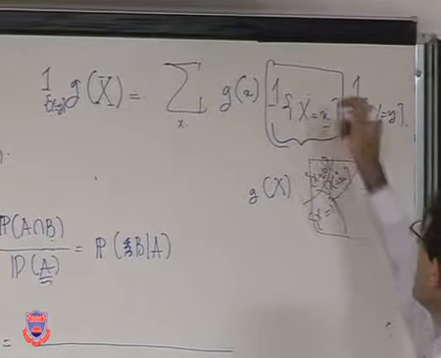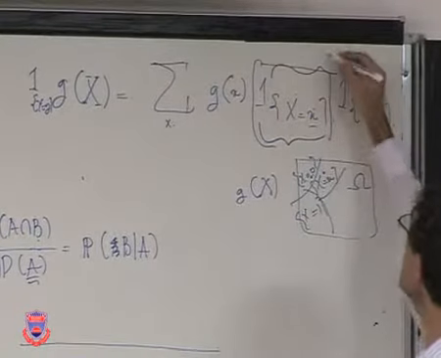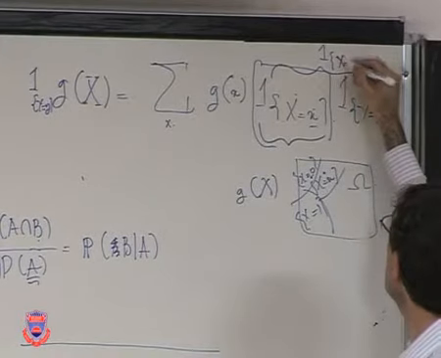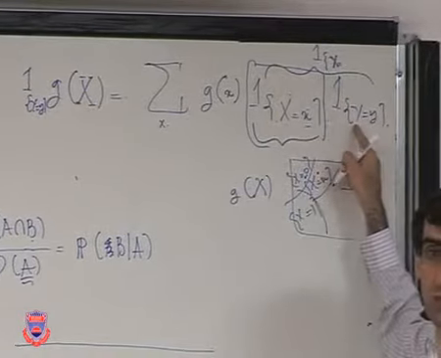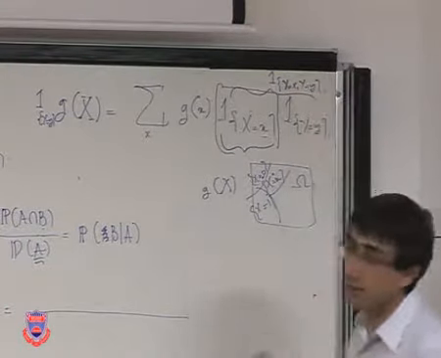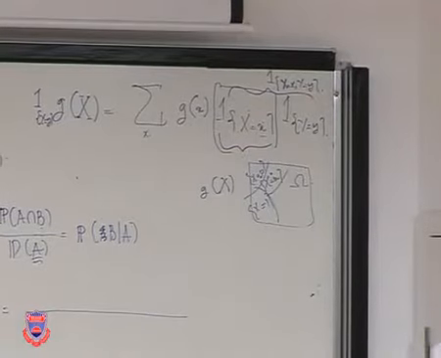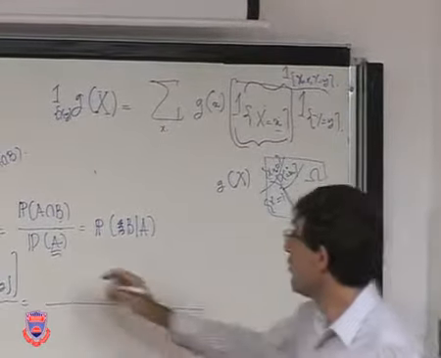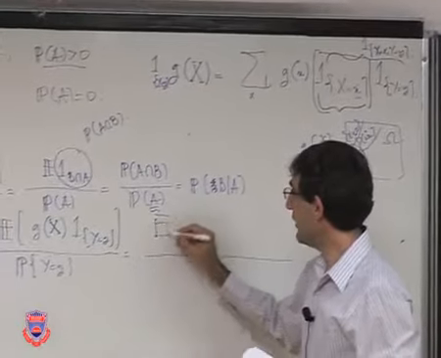Two indicator random variables multiply together. So this is nothing but one indicator random variable of an event which is the intersection of these two, right? You intersect these two events, and that's nothing but this, right? And then I can just copy here what I just got.